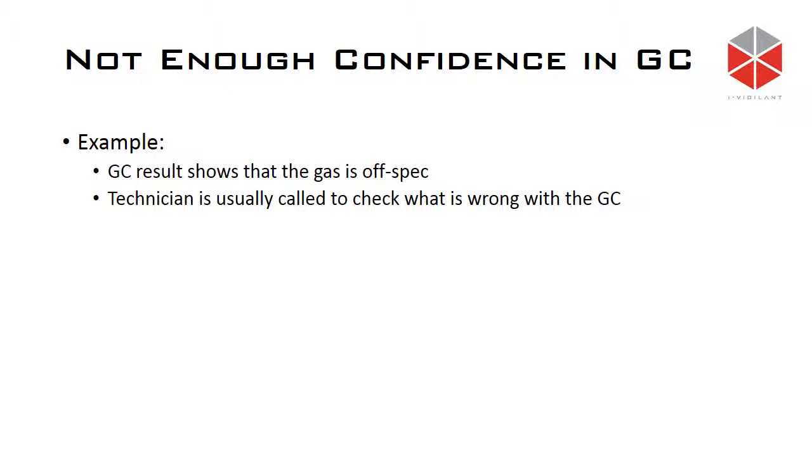And a lot of times the technician, with a lack of competency, just panics. What's wrong with my GC? Where in fact the problem is not in the GC. There's a possibility that the issue is actually with the gas, which is actually off spec. So we need all these tools to make sure that the technician knows that the GC is actually working properly.